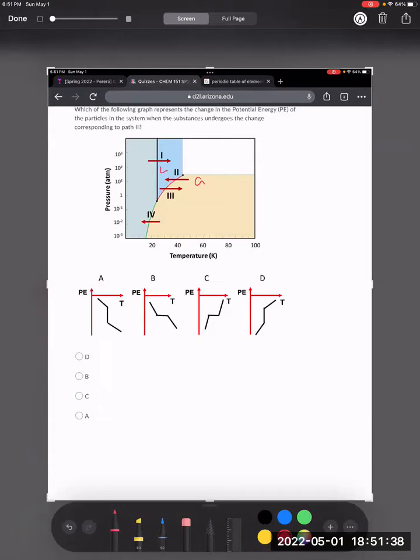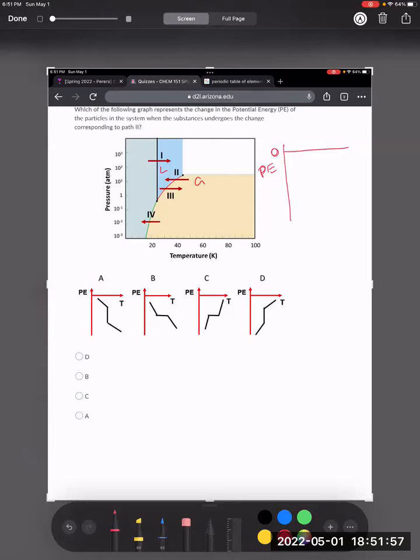Therefore, we are cooling. When it comes to potential energy, we are always below zero because potential energy is always negative, and the highest is zero when the particles are far apart in the gas phase.